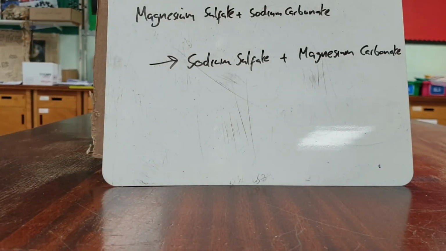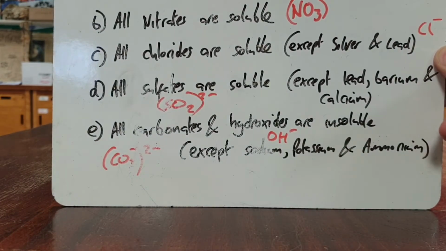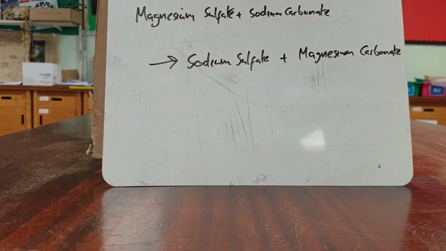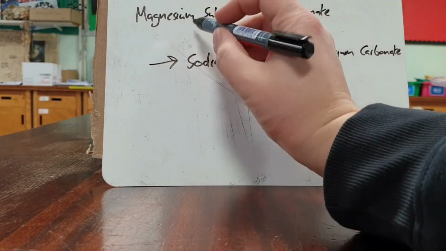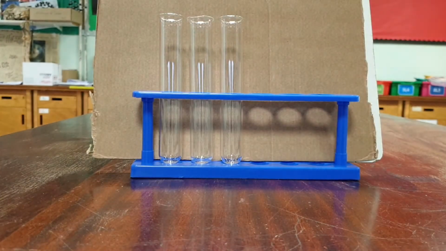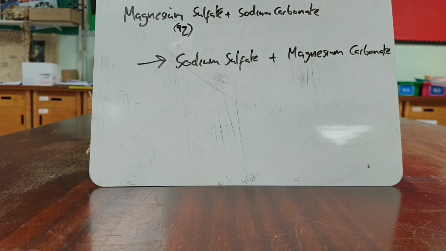If we check our rules, for magnesium sulfate, look at rule D that you wrote down earlier: all sulfates are soluble except for lead, barium and calcium. We've got magnesium sulfate, so that one will definitely be soluble, which would be AQ, because it's soluble.